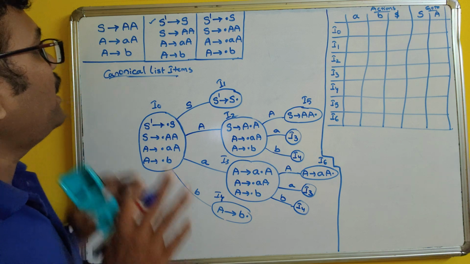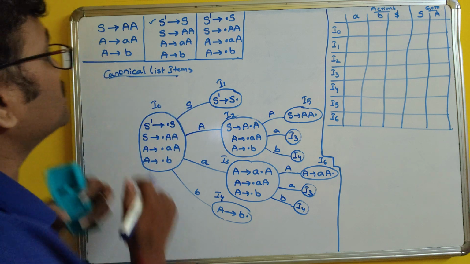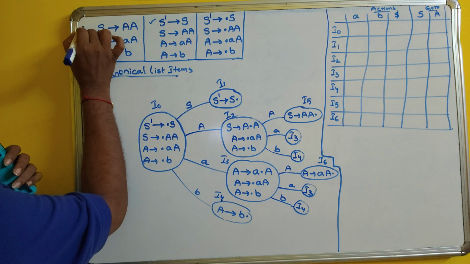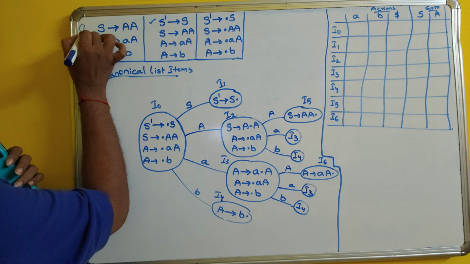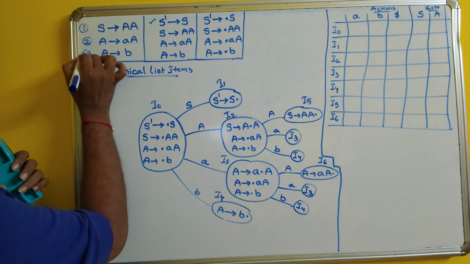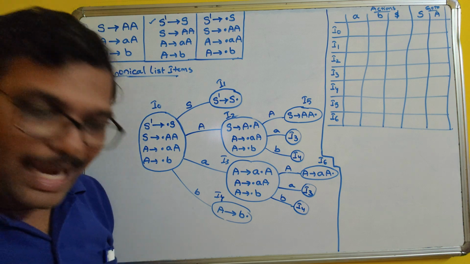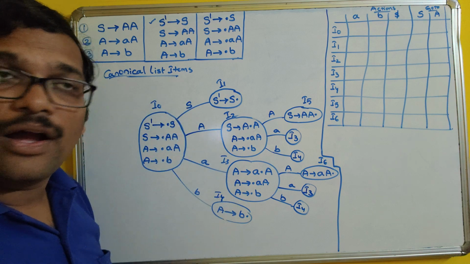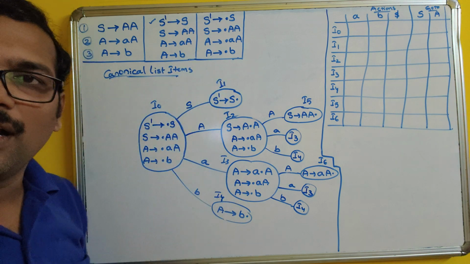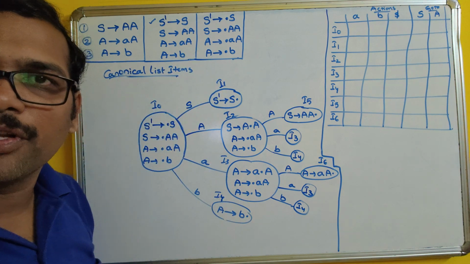I just give the numbering for productions, and this will be given as 1, 2 and 3. So don't go with the augmented grammar. Go with the original grammar and give the numbering for the productions.